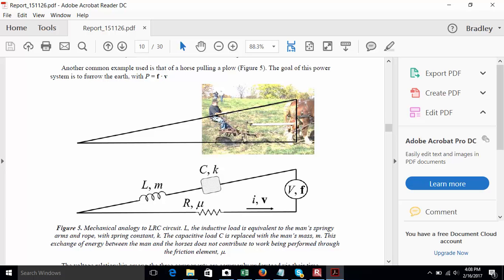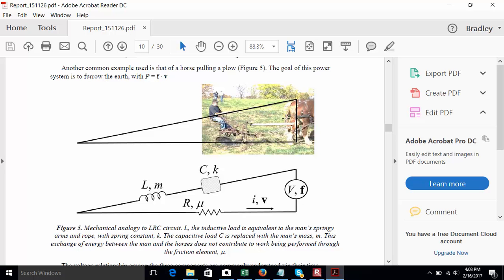This guy too, you can see maybe he's got a little seat here, but sure beats doing it by yourself, right? So you got the horses doing the work for you. Nevertheless, the man is sitting here. The man has mass. The man has a certain body weight.